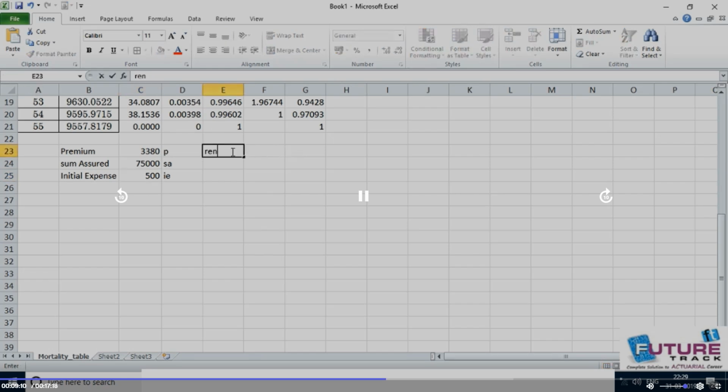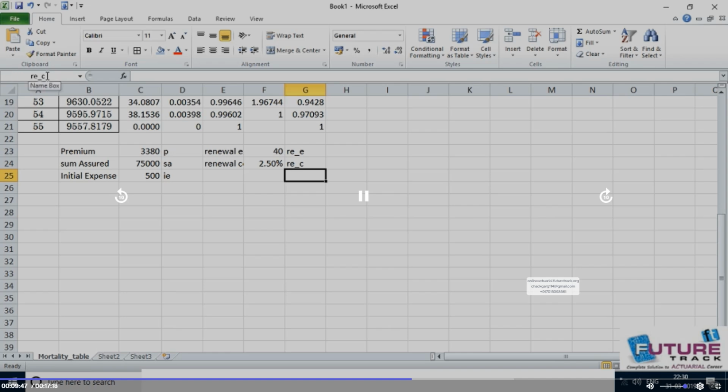Then a renewal expense, we have initial commission also is 40. Let's name it RE, let me check what the initial commission is. Initial, so RE underscore E, renewal commission .5%, RE underscore C, fine.